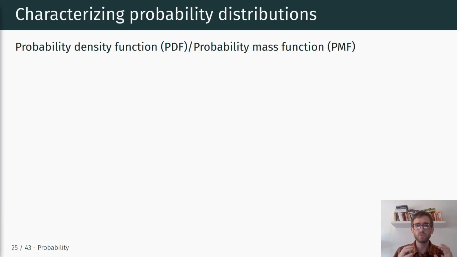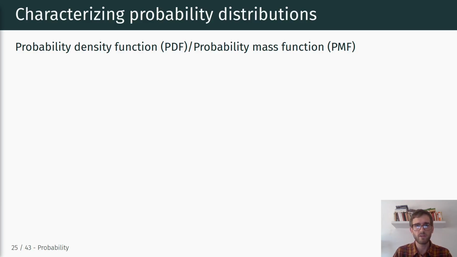So when we want to characterize probability distributions, there are a couple of basic characteristics that we can compare to specify and ultimately describe these random events and the random variables and their underlying distributions. The first thing that we always want to look at is the probability density function or the probability mass function, depending on whether this is a discrete random variable or a continuous random variable.